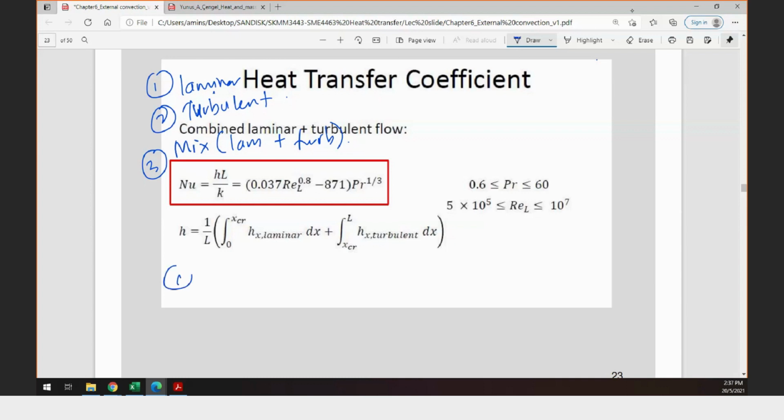For the case of laminar, let's say this is your plate.